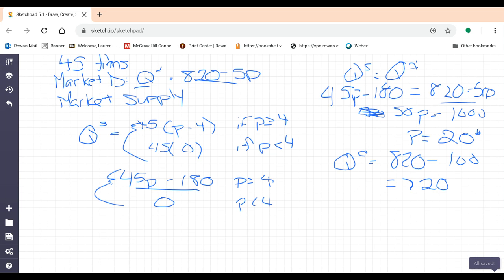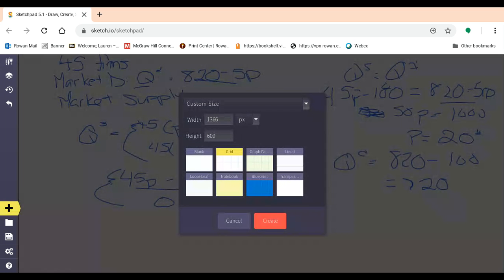So this is 720 for the whole market. That's how much we get, again, when we set the market supply equal to the market demand. So I'm going to change this real quick. You'll get a blank one just to give me some more room.